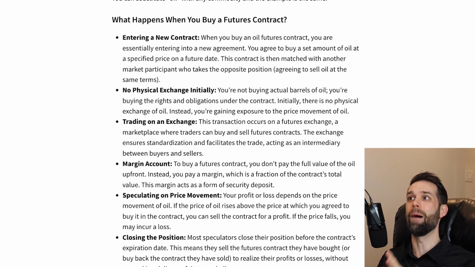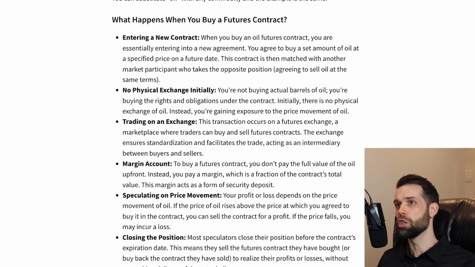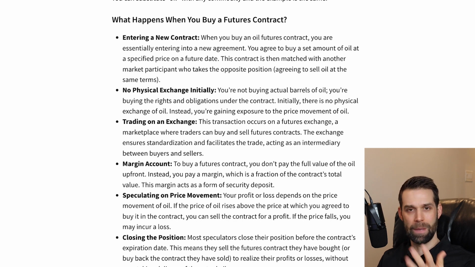You agree to buy a set amount of oil at a specific price on a future date. This contract is then matched with another market participant who takes the opposite position, agreeing to sell oil at the same terms. So no physical exchange initially happens.